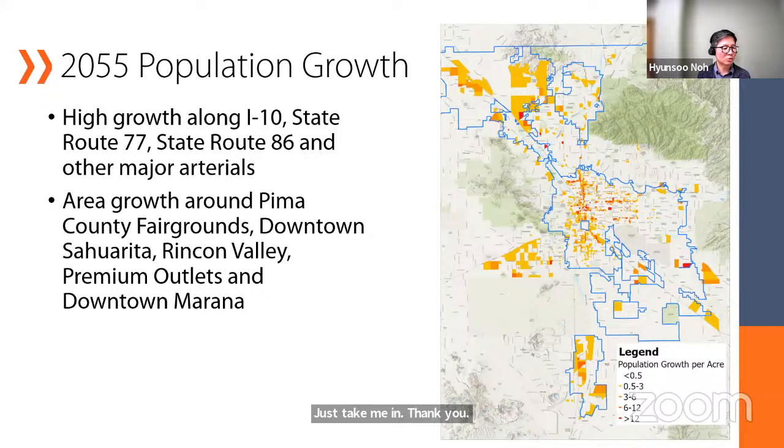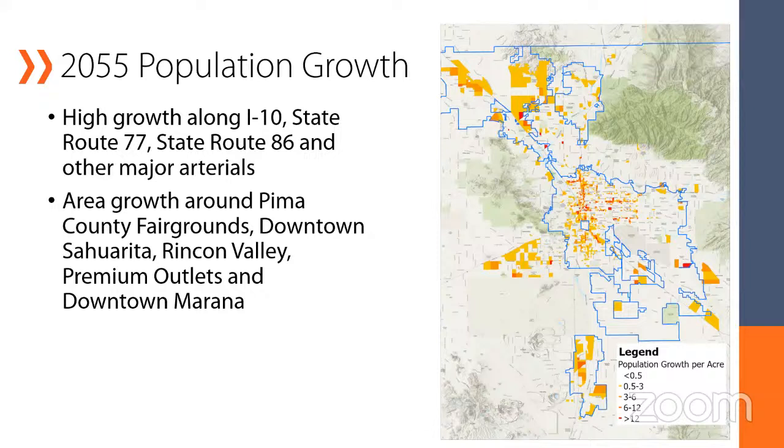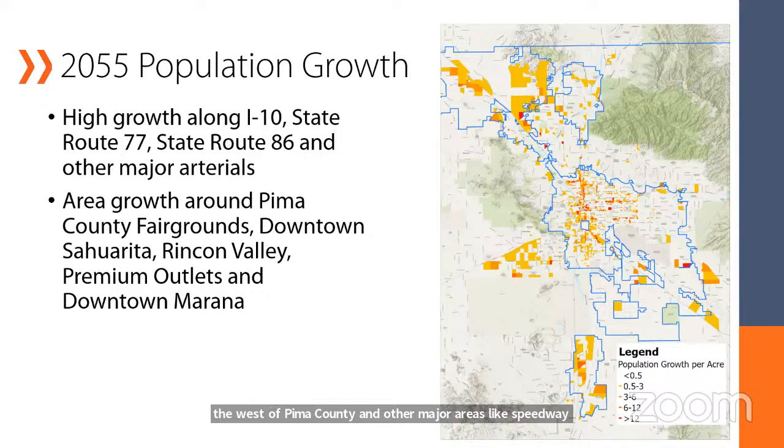Xiao, would you go ahead? First, we would like to show the population growth per acre, first looking at the Pima County level. We can see high growth along the I-10 and State Road 77, the Oracle corridor, and State Road 86 to the west of Pima County, and other major arterials like Speedway and 22nd Street, Broadway, and Prince Road.